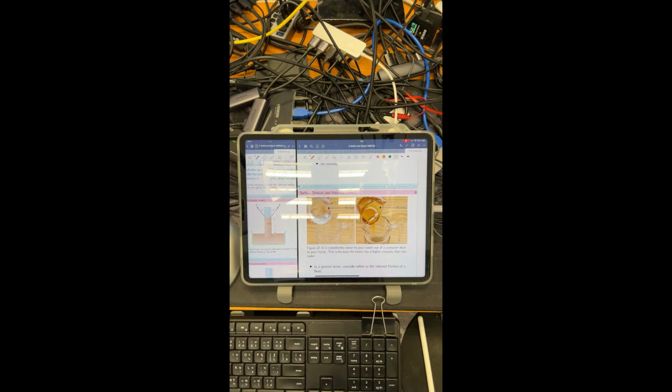But for the honey case, the honey can get into the jar, but you have to wait a little bit to let the honey completely flow into the jar, right? With this experiment, it means that the honey has more viscosity than the water, and has more friction in different layers of its liquid. It's considerably easier to pour water out of the container than to pour honey. This is because the honey has a higher viscosity than the water.